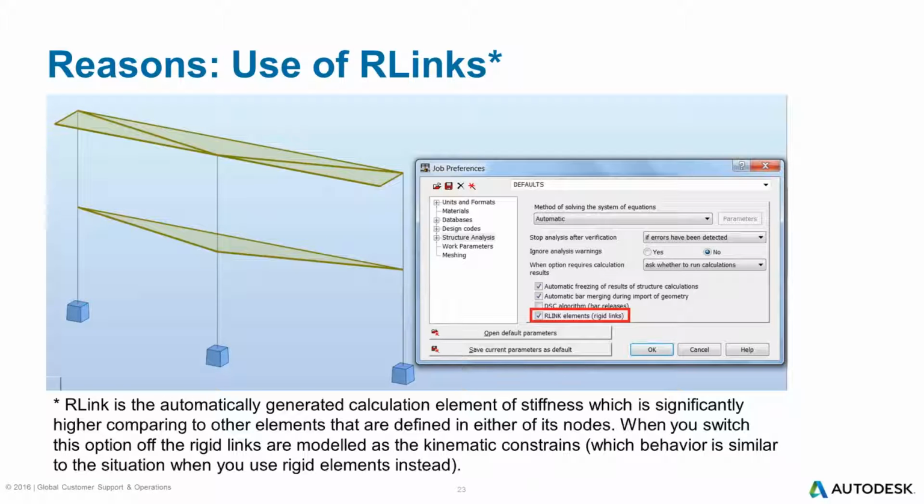As MKL and SPAR solvers always use rigid link elements to model rigid link connections, you may try to check if the Skyline solver reports the instability as well. So let me show that on the example.